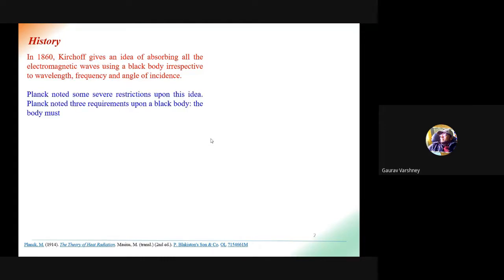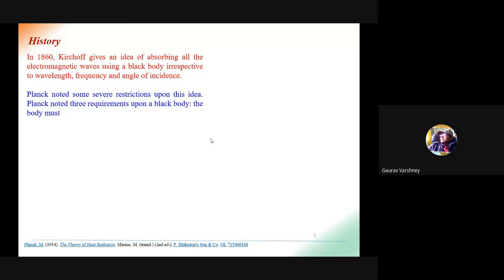The idea came from Kirchhoff in 1860 that if we have a black body and any frequency spectrum of electromagnetic wave falls over that black body, then this whole spectrum must be absorbed and nothing will be reflected back. So Kirchhoff just gave an idea that this black body will absorb the whole spectrum.